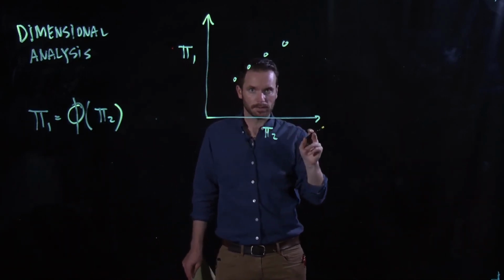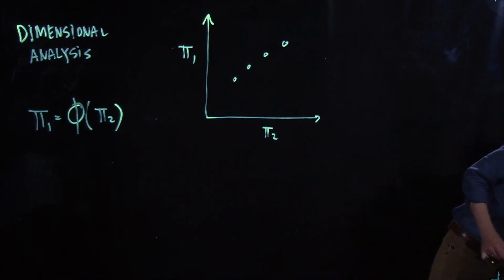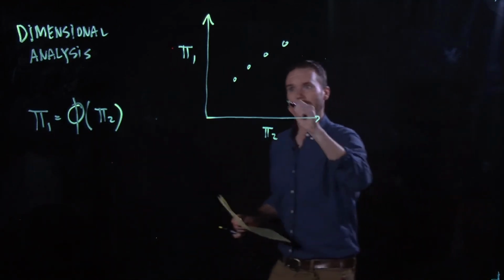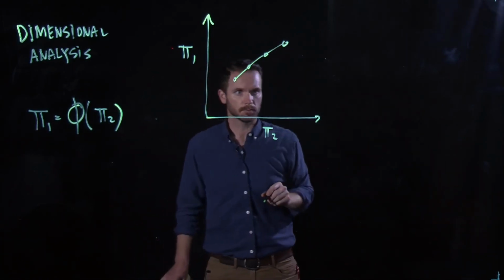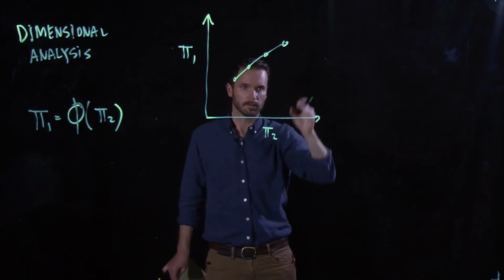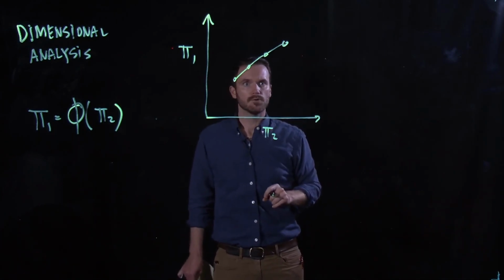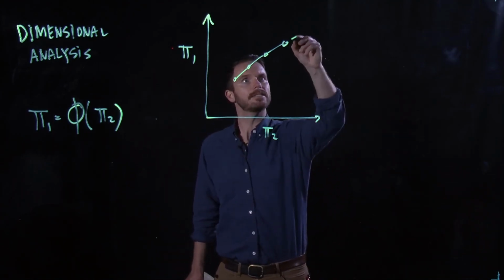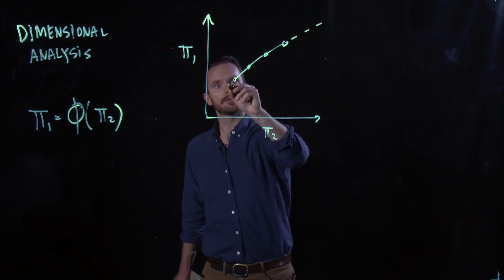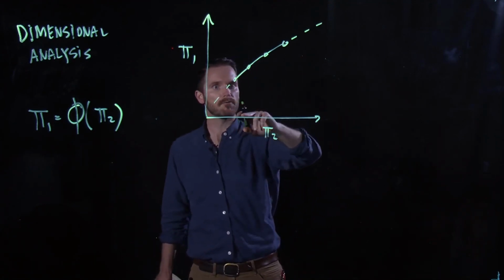Now, 2 points. While it's very easy to connect these dots and come up with that functional relationship, say it's linear or some sort of a more complicated equation, you may be tempted to say, okay, what if pi 2 is equal to here? Is it easy enough to just extrapolate out below and above where you varied pi 2?